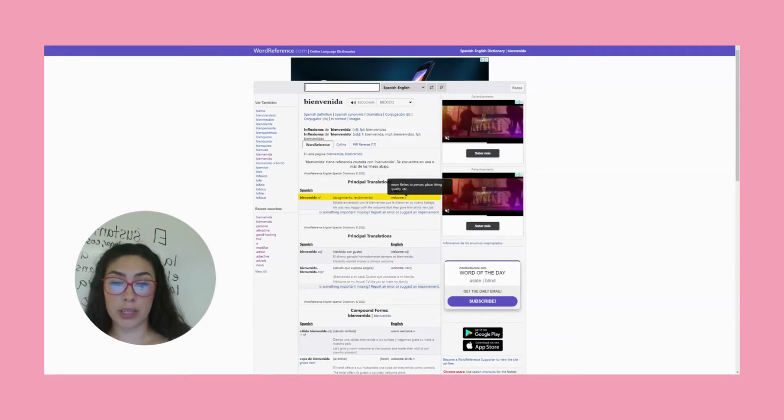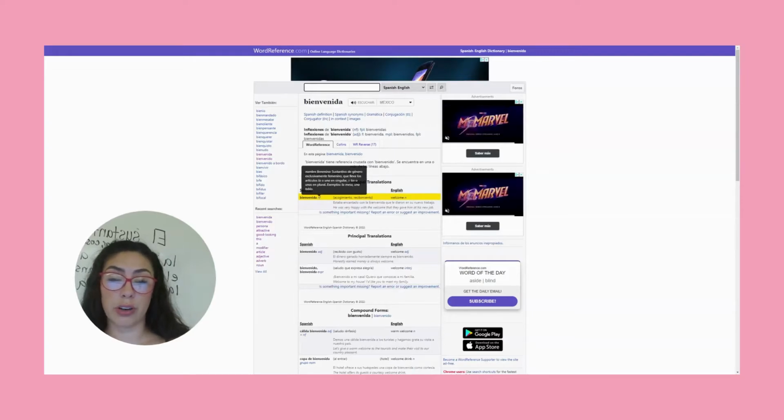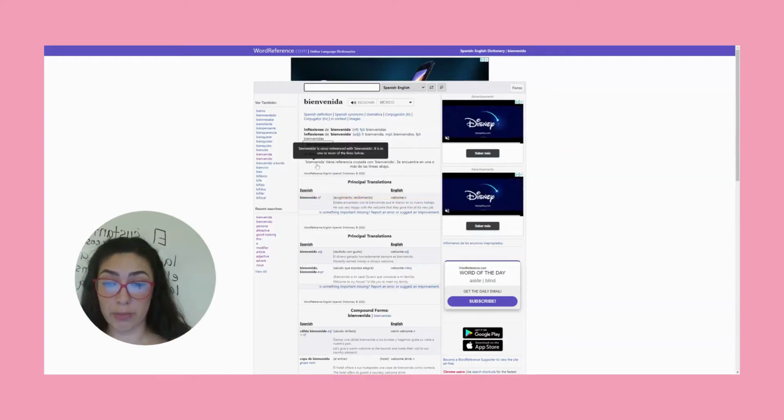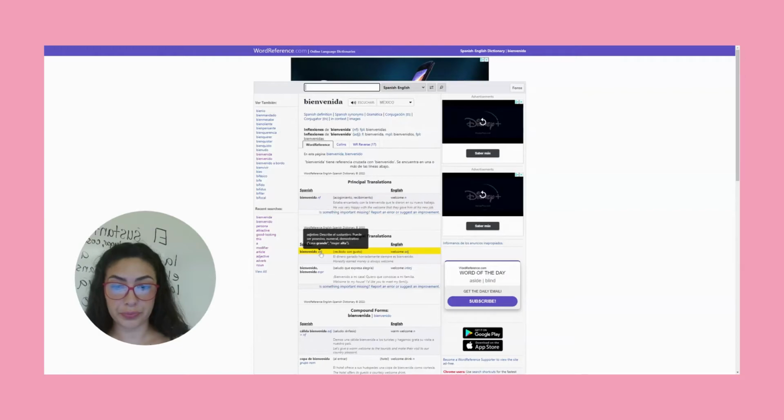Welcome is a noun, which refers to a person, place, or thing, quality, etc. You toggle over this and it'll tell you, in Spanish, usually nombre femenino or nombre masculino. And that's how you know which article to use. So, la bienvenida.